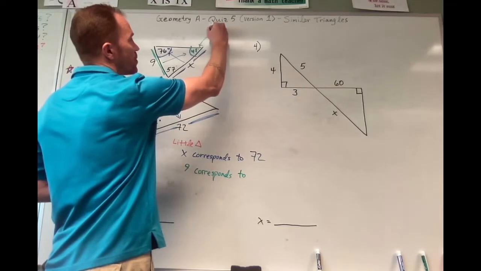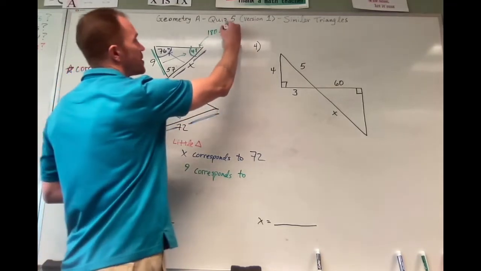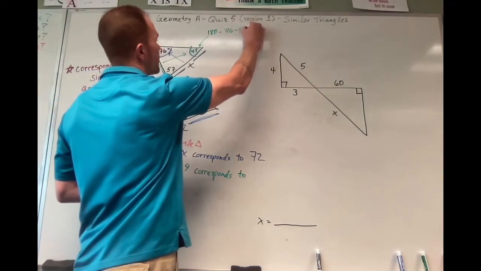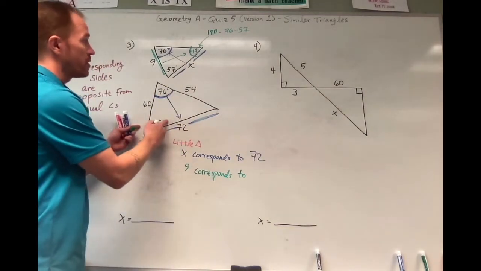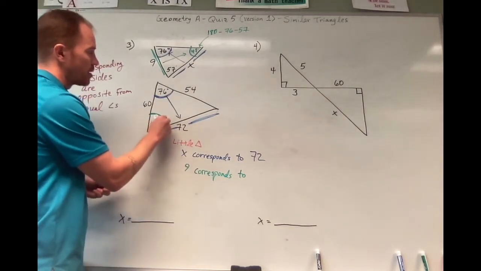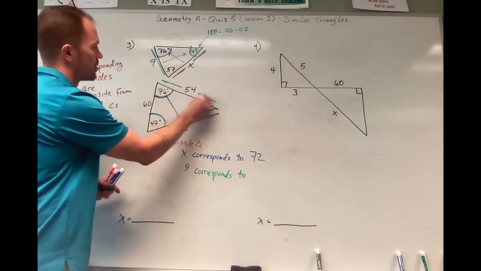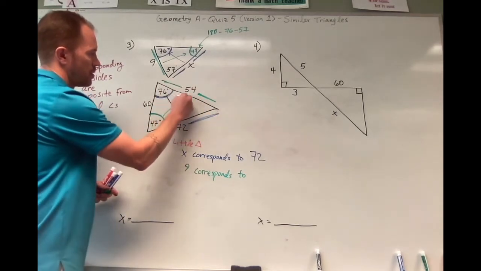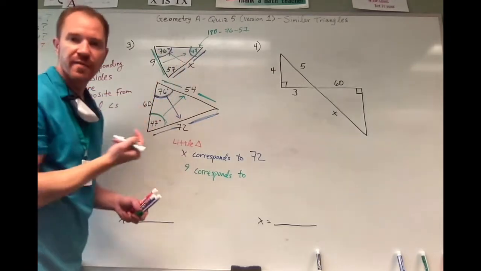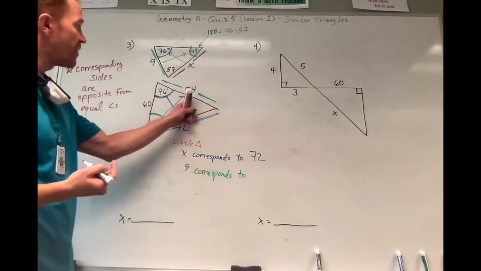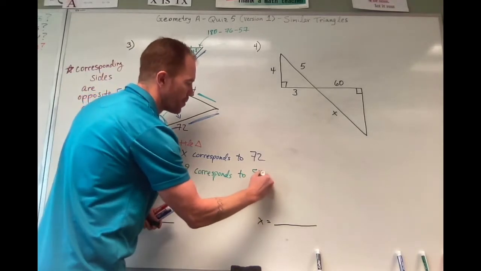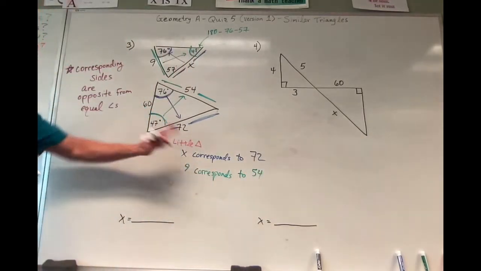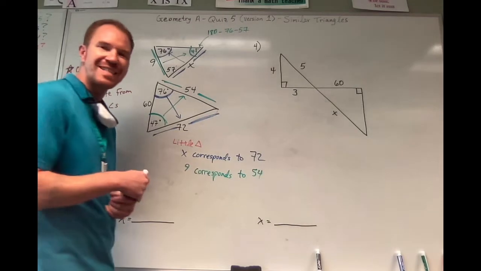That was the 180 total minus the 76 minus the 57, which gives me 47 degrees there. And look here in the other triangle, there's a 47-degree angle. So 9 opposite 47 degrees here is going to correspond to 54 opposite 47 degrees there. Okay, so we've got 2 pairs of corresponding side lengths.